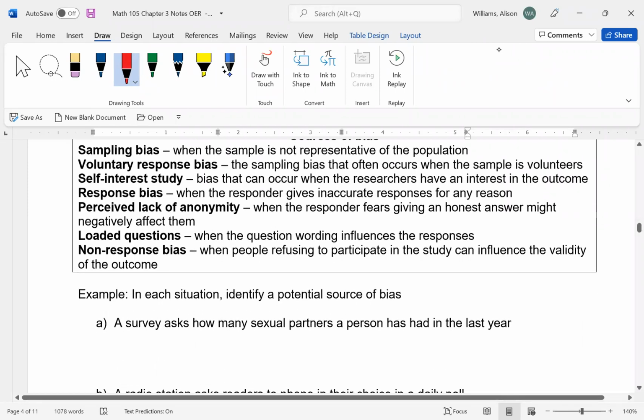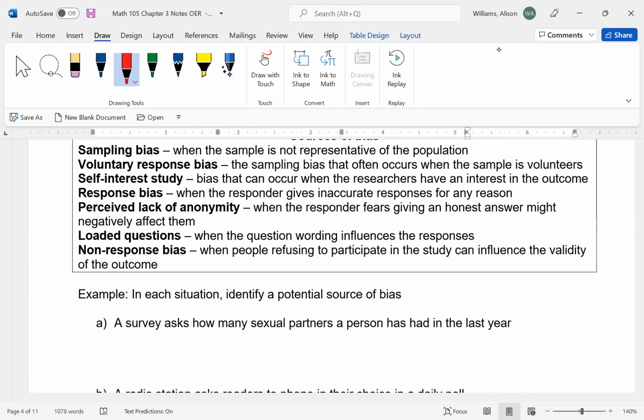So let's say a survey asks how many sexual partners a person has had in the last year. Well, there's a potential problem with this. And in fact, I would even consider that a couple different answers could work. If you're worried that maybe you might be judged by that information, you might be concerned that there's a perceived lack of anonymity.